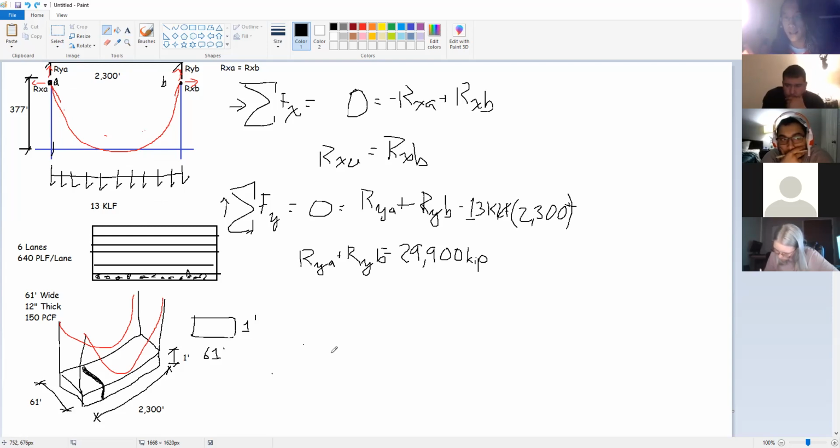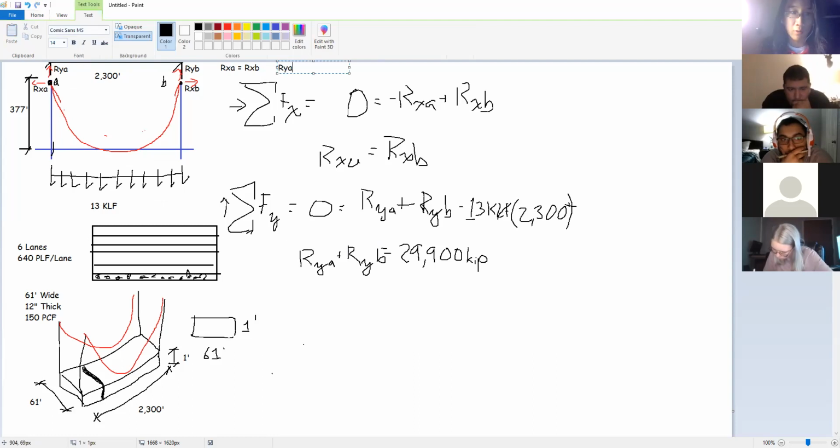We don't know exactly how much each one is pulling. Hint, it's going to be equal, but we don't know how much. So this is another unknown. I'm just going to put this also in our backlog. RYA plus RYB is equal to 29,900 kips.